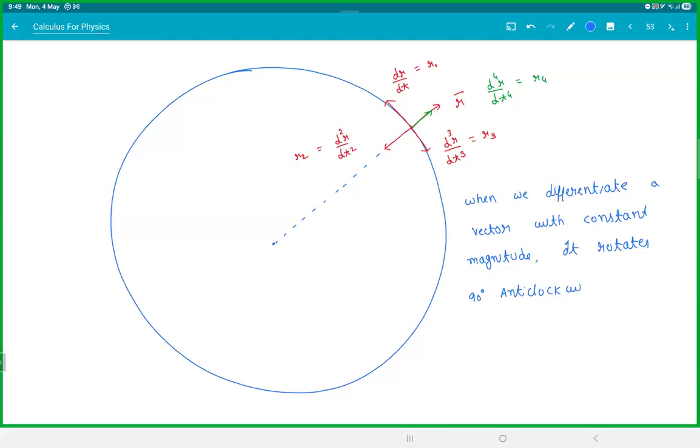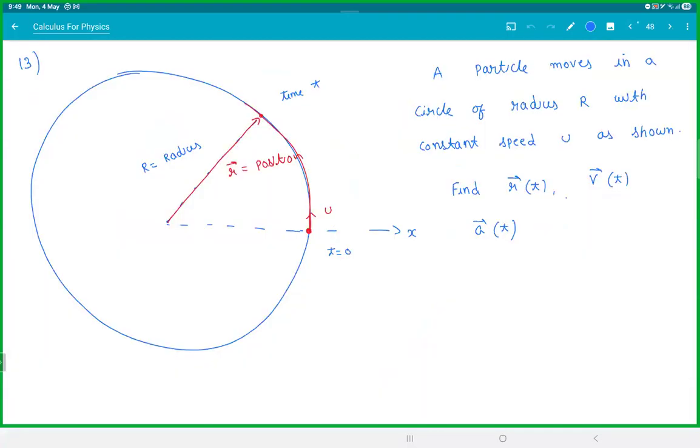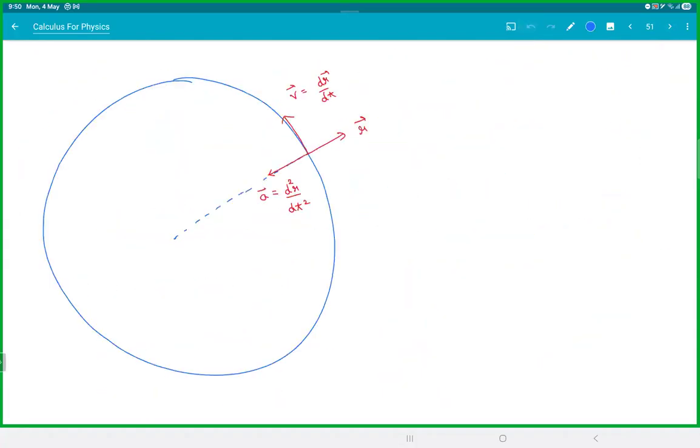How is this related to the previous one? Isn't the previous vector a vector of constant magnitude? Can you see this R bar? Does the length of this vector ever change? No, right? When you differentiated the first time, you got velocity. When you differentiated the second time, you got acceleration. The position vector, the velocity, and the acceleration are each rotated by 90 degrees.